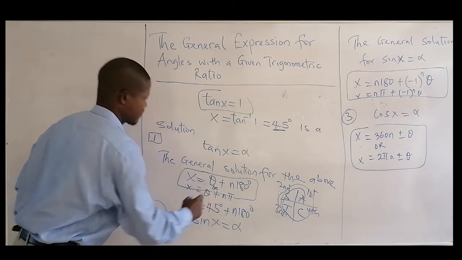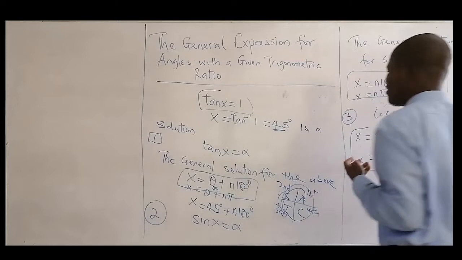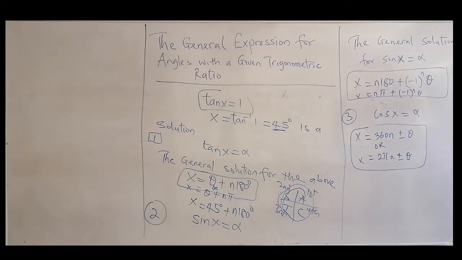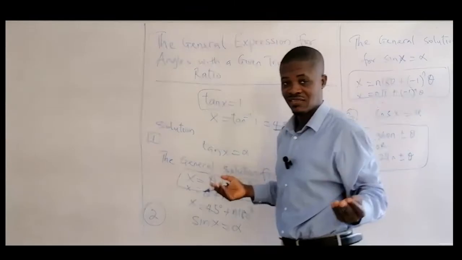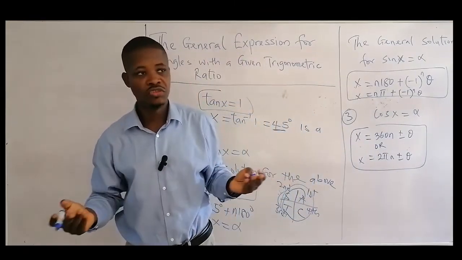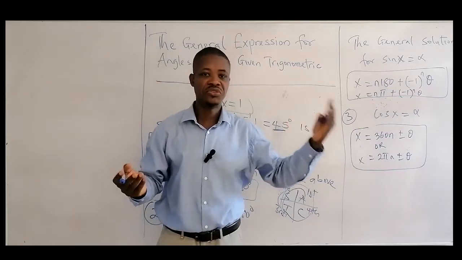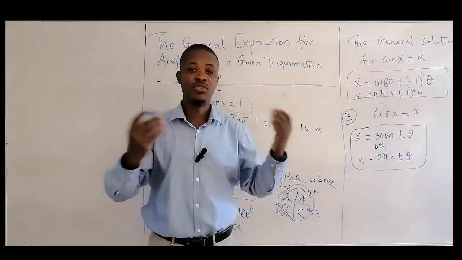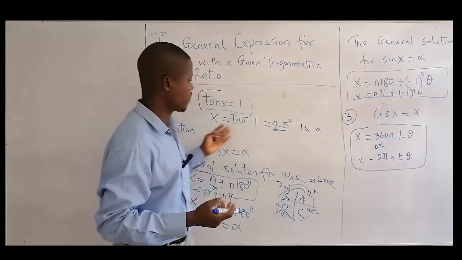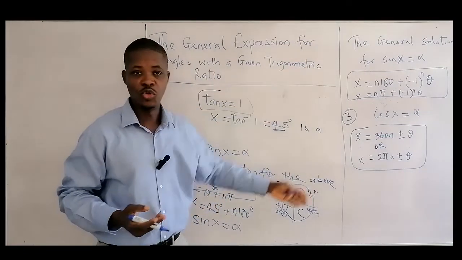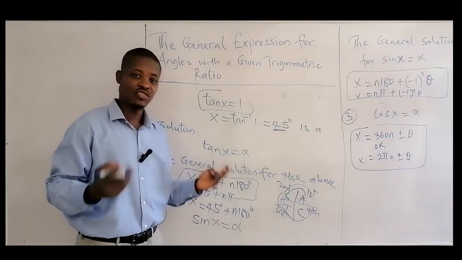So that's that. And why this general solution? The essence of this general solution is for the case when you are told maybe to list the solutions between a certain range, maybe from 0 to 360, which is a common question. Then that will call for knowing this general solution.